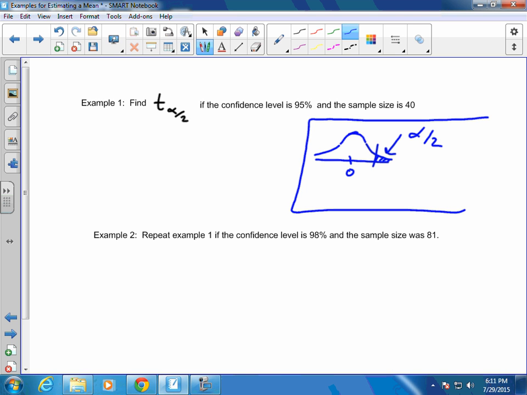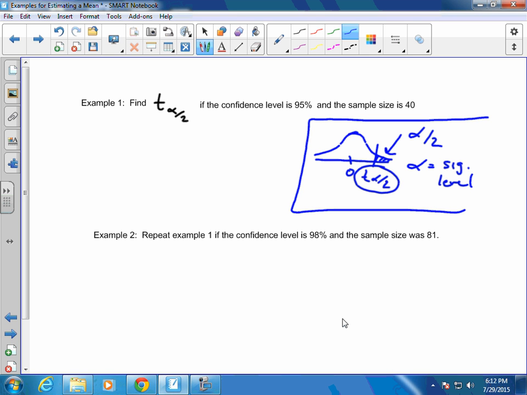This right tail area is going to be alpha over 2, and the table is giving us the t-values that separate that right tail area from the rest. We need to know two things. We need to know what alpha is, which actually is the significance level.